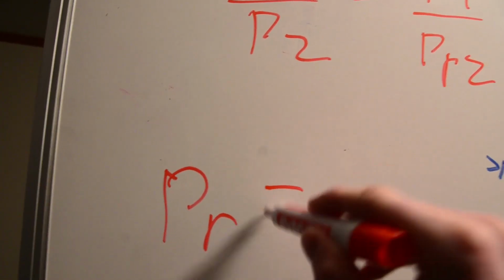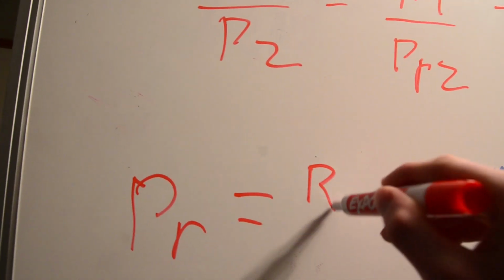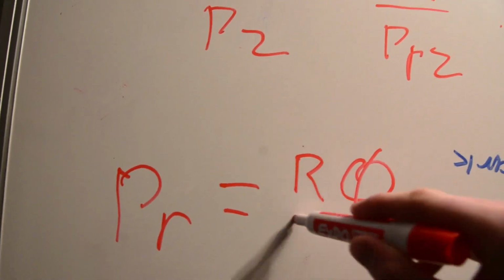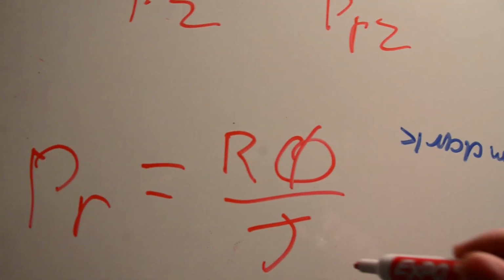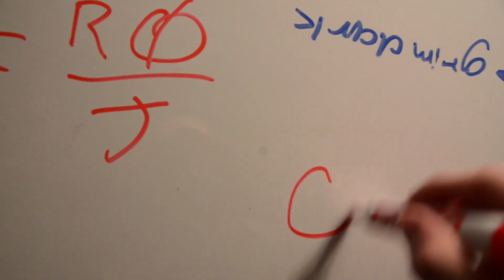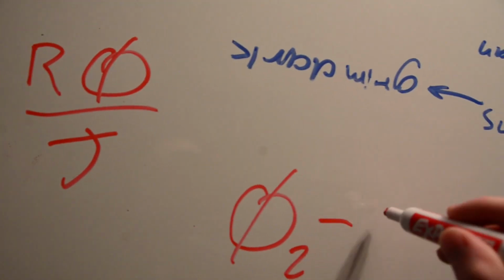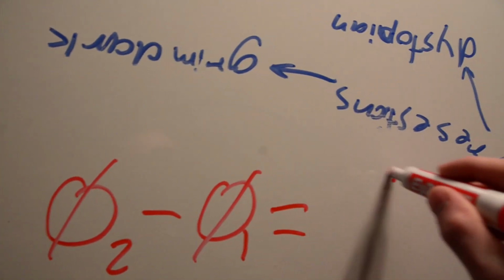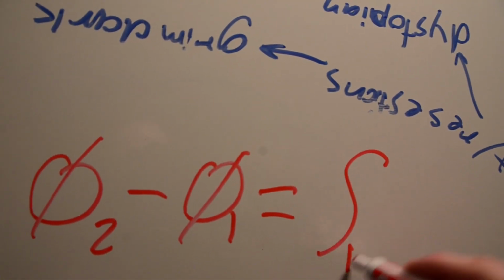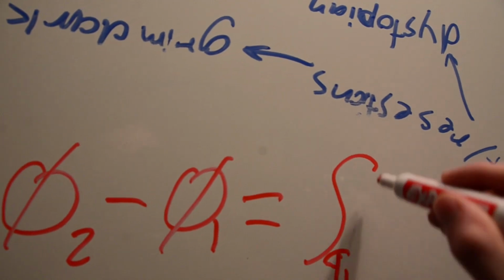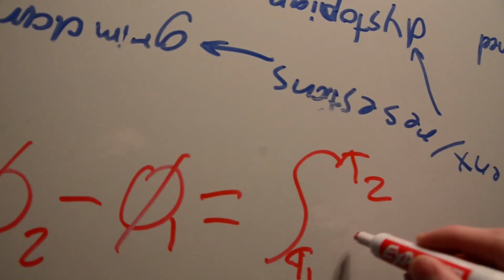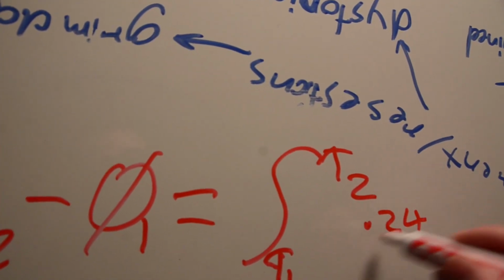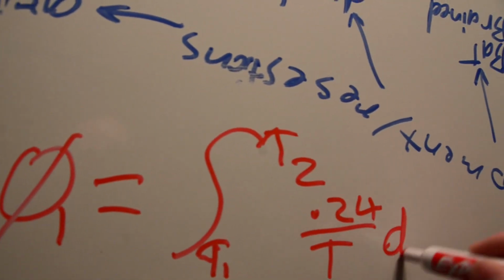You needed to equal the specific volume, which was 53.3, times this symbol over joule, which was 778, and this symbol was equal to this symbol 2 minus that symbol 1, which was equal to the integral of T1 over T2 of 0.24 over T dT.